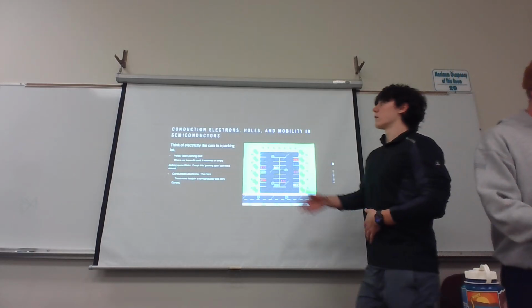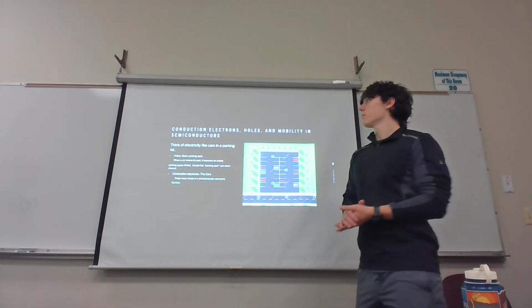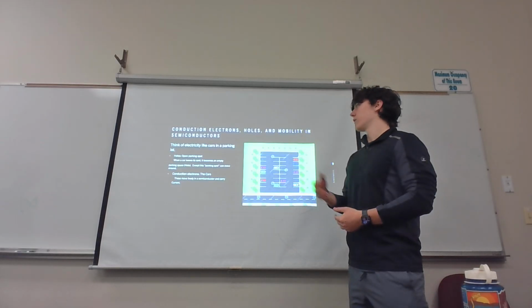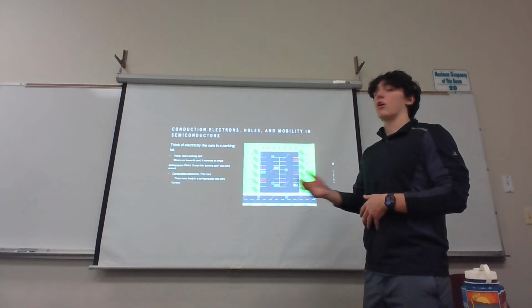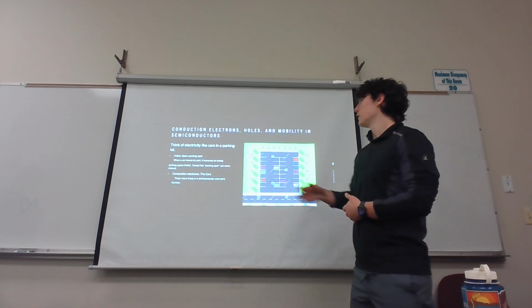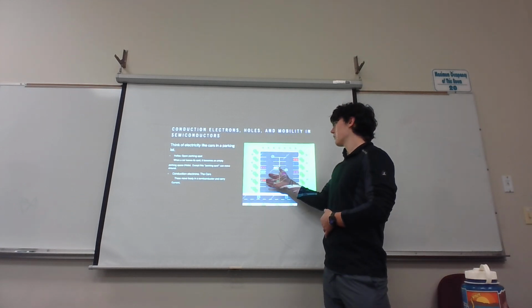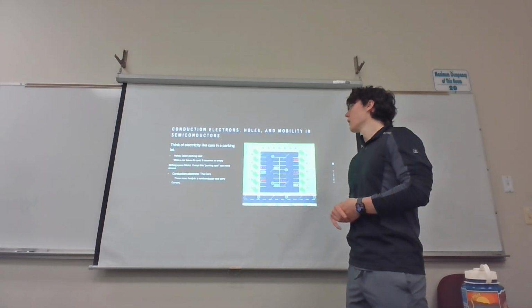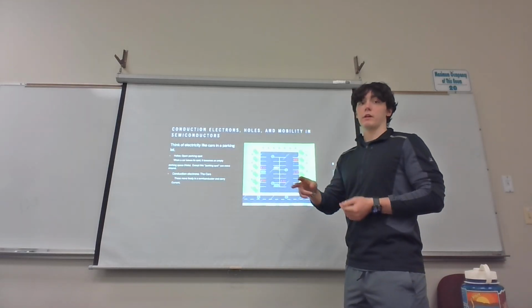Next we're going to talk about conduction electrons and holes. It's a good way to think of electricity and the negative electrons found within an atom like cars in a parking lot. Each of these cars is filling up a space within this parking lot. If a car leaves its space, this now becomes an open parking spot.